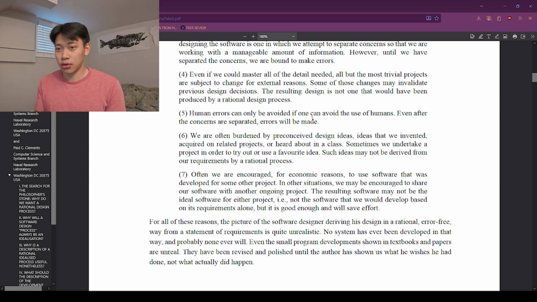Even after the concerns are separated, errors will be made. 6. We are often burdened by the preconceived design ideas that we invented, acquired on related projects, or even heard about in class. Sometimes we undertake a project in order to try out or use a favorite idea. Such ideas might not be derived from our requirements.